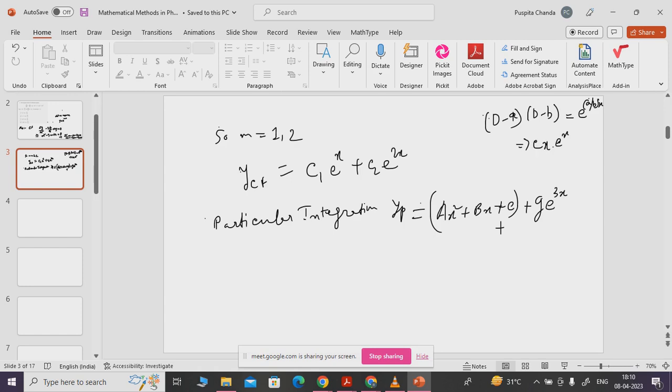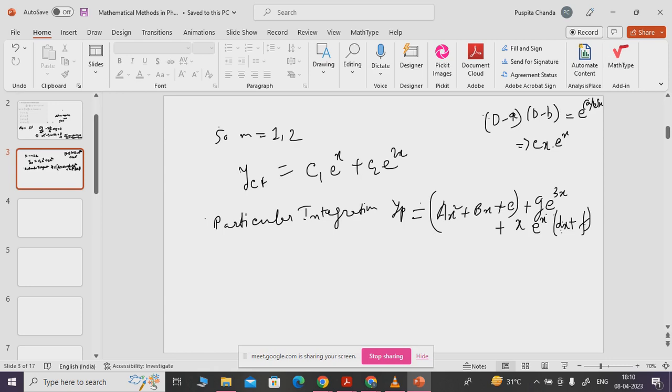So we will assume another part x e to the power x into something. There will be two parts, because on the right hand side there is an e^x, for that it is f, and there is another part x e^x, for that there will be a dx or x square into e^x.